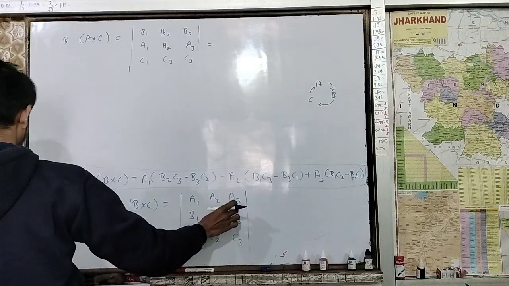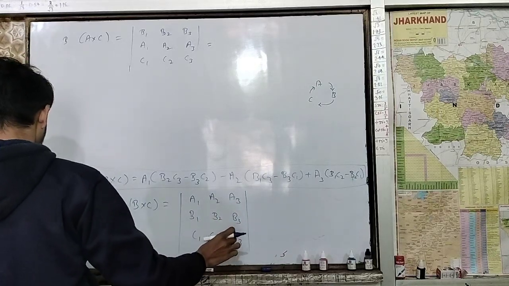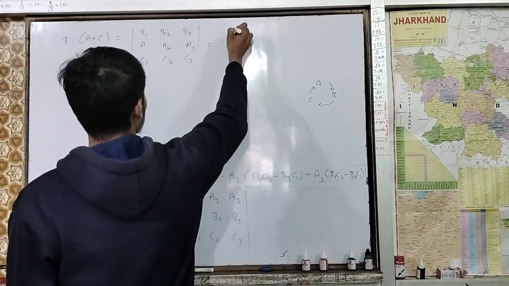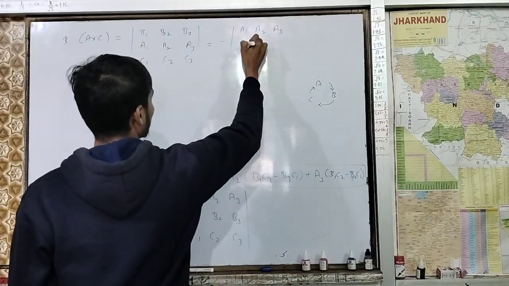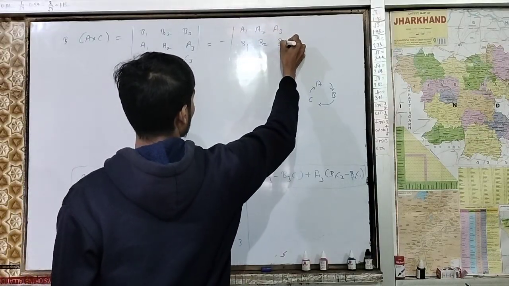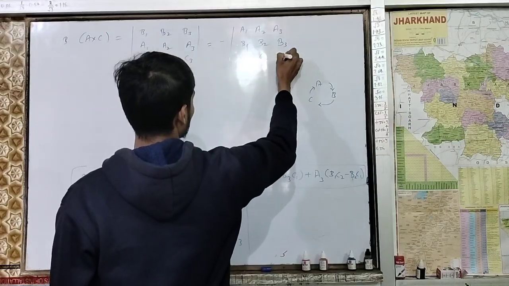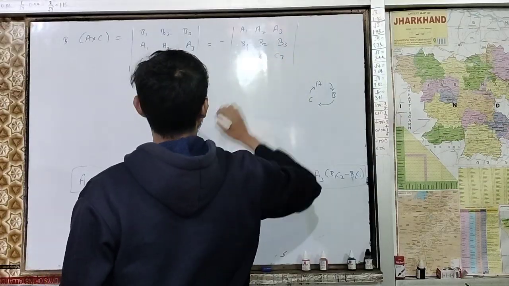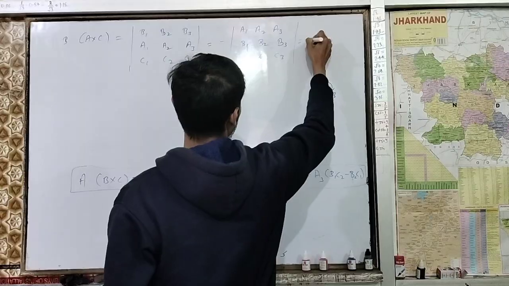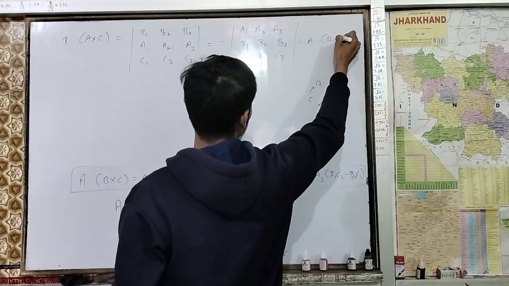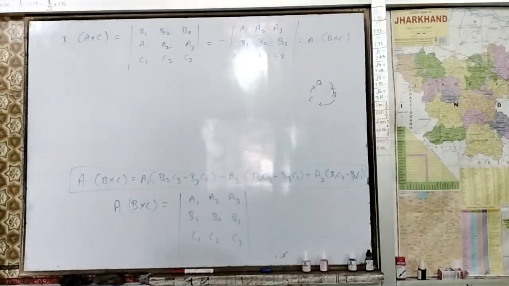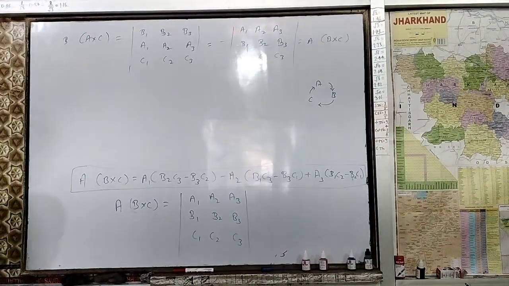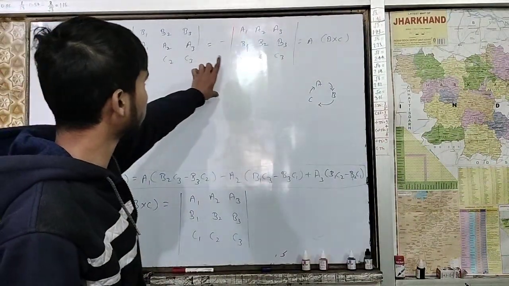A1, A2, A3, B1, B2, B3, C1, C2, C3 with a minus, so this is equal to A dot B cross C. From here we just interchange.